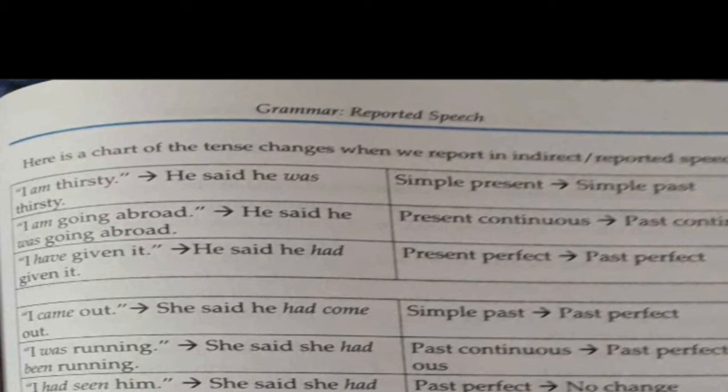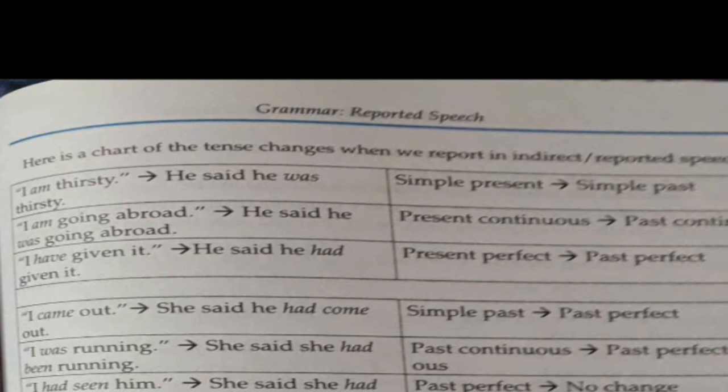Then we have some reporting requests and orders. As with reported statements, when we report requests, commands, orders, advice, we change pronouns and time and place markers. We use reporting verbs such as ask, order, request, advise.